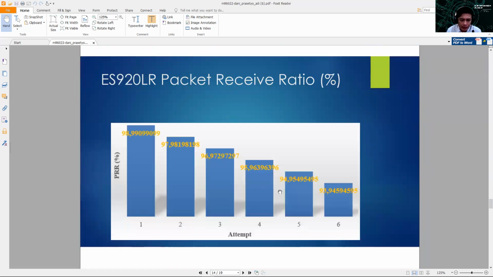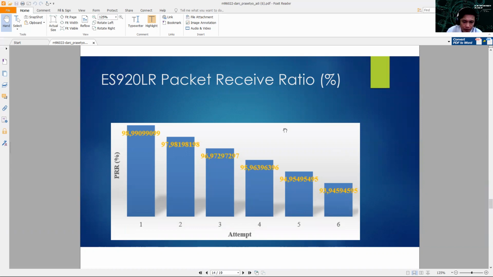And from 6 attempts, this is around 1 kilometer. The ES920LR packet ratio is around 93% at 1 kilometer, and at 100 meters around 98.9%.